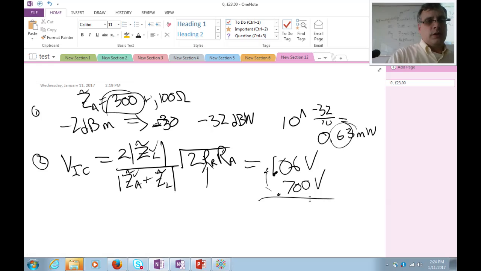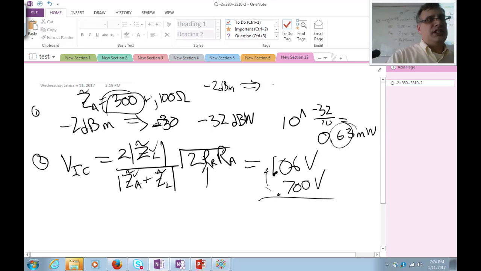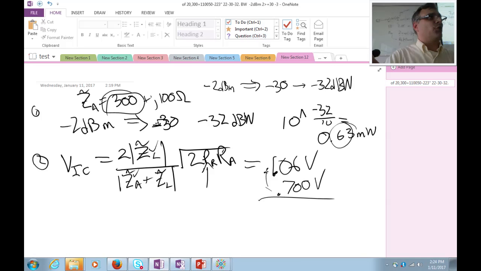How to get -32 dB? Oh yeah, so we have -2 dBm. To convert to dBW, you subtract 30 to get -32 dBW. The reason is there are 1,000 milliwatts in a watt, and in a logarithmic scale, that's like adding 30 or subtracting 30, depending on which way you're going.